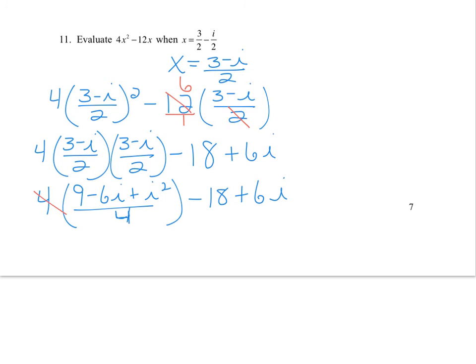I can reduce the 4's and get 9 minus 6i, i squared is a negative 1, minus 18 plus 6i. The 6i's will cancel. Let's see, I get 9 plus a negative 1 gives me 8. 8 minus 18 gives me an answer of a negative 10.